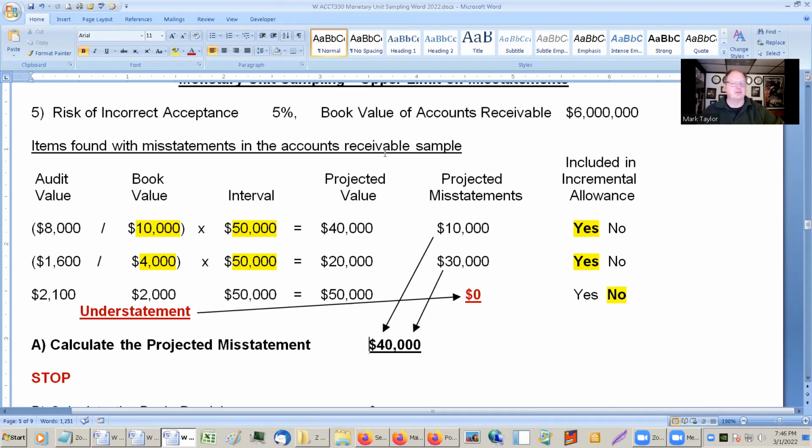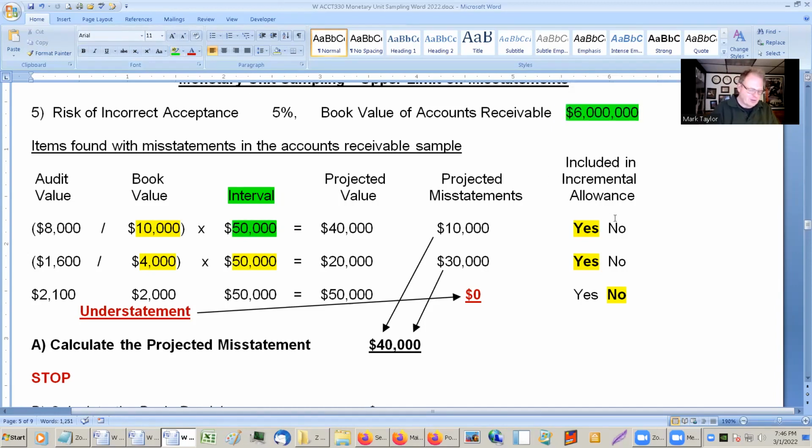Here's a question for you. How many items are in the sample? Notice we have an interval of 50,000. The book value is 6 million.